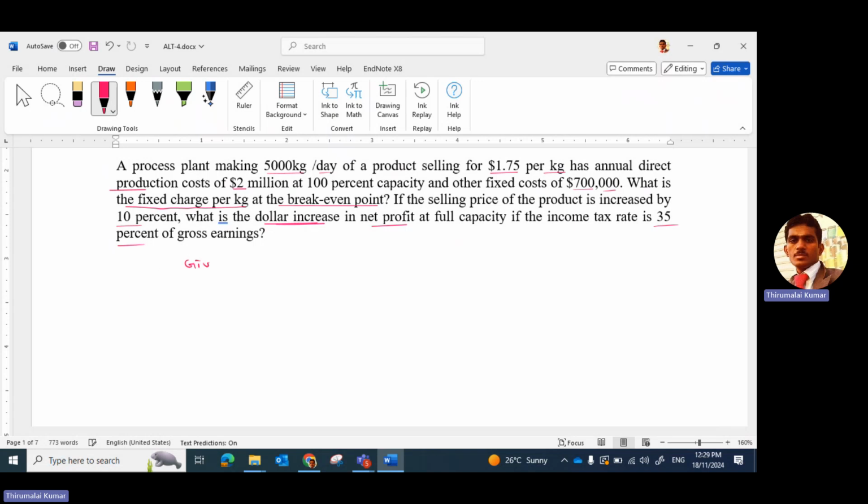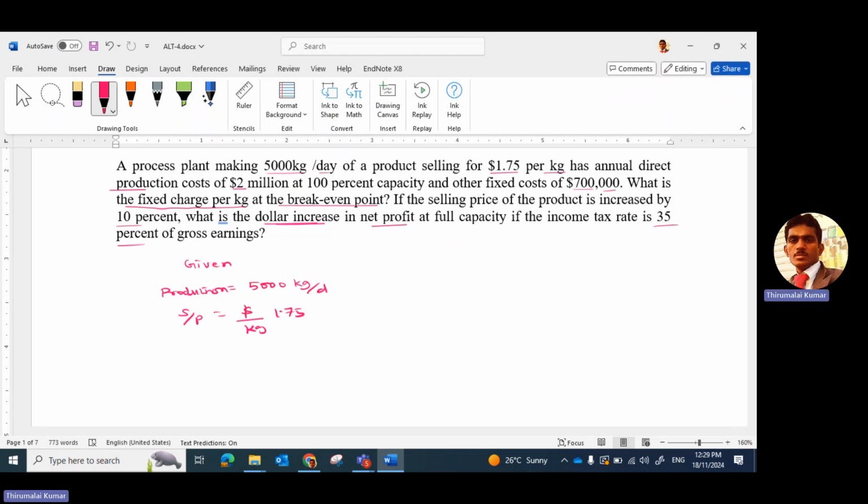The given: the process plant is making 5,000 kilogram per day, so that is our production. The selling price of the product is $1.75 for 1 kilogram.